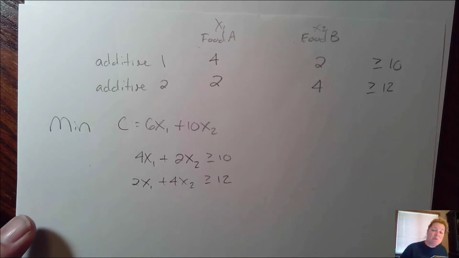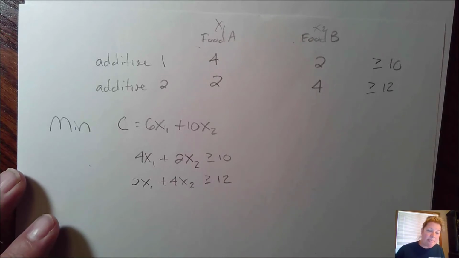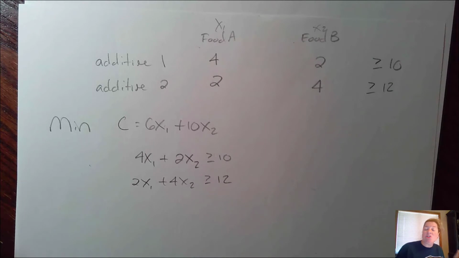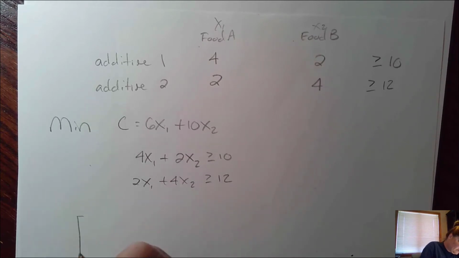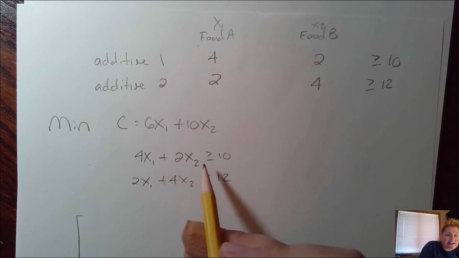I'm being lazy. So where do we start with our dual problem? We write out a matrix, we transpose the matrix, write a new problem with our y's, and solve that and look for the slack. So let's write our matrix. We always do our objective on the bottom.